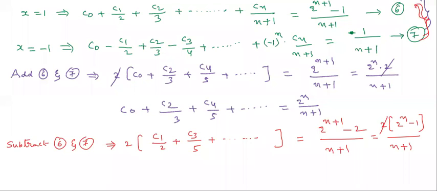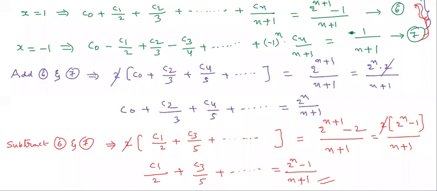Then 2 is going to cancel. So we get C1 by 2 plus C3 by 4 plus and so on. Finally, we get 2 power n minus 1 by n plus 1.